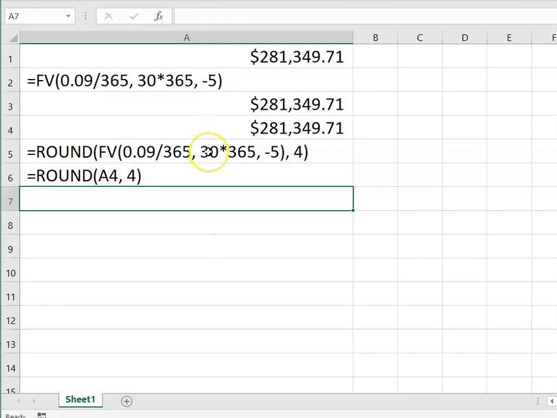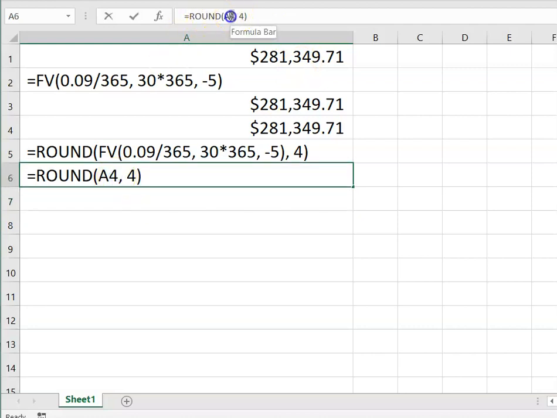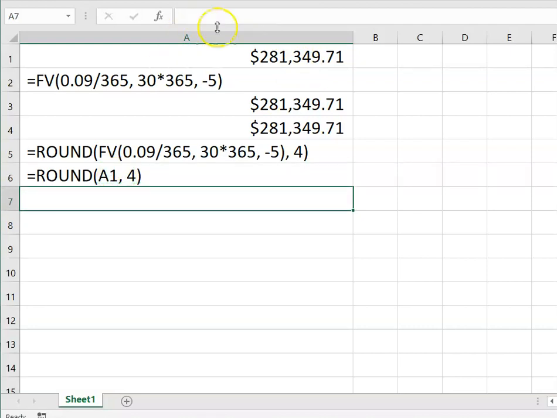So you can either point at some value, or you can point at the calculation, or you can put the calculation inside. I don't care, but I do care you use the round function. All right, so that's a simple future value.